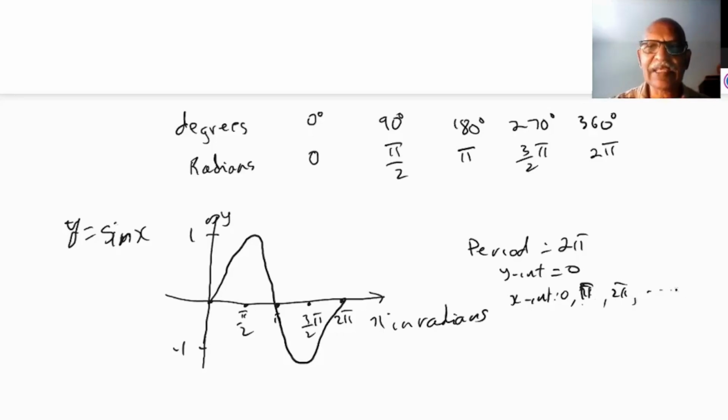We keep on adding pi. And then the maximum is the same as we have seen, 1, and the minimum is -1. So this is the sine graph.